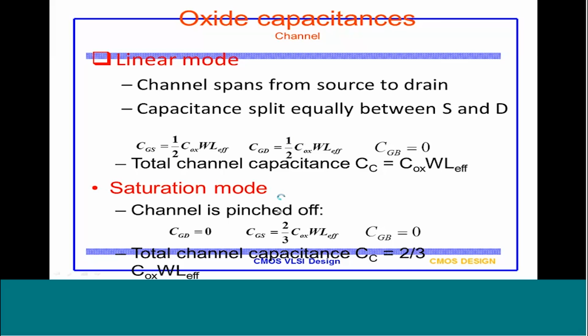Similarly, it is approximated that CGS becomes 2/3 of Cox W L, and therefore the total, the sum of CGD and CGS, is 2/3 of Cox W L. L effective is nothing but L. So we see that the gate capacitance in saturation mode is lower than the capacitance exhibited in the linear mode.